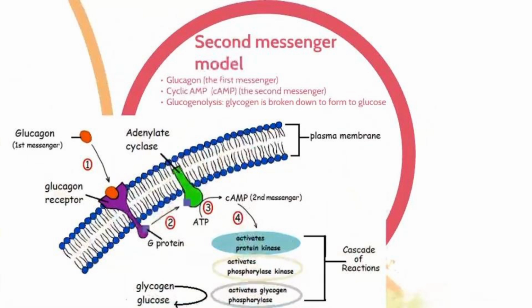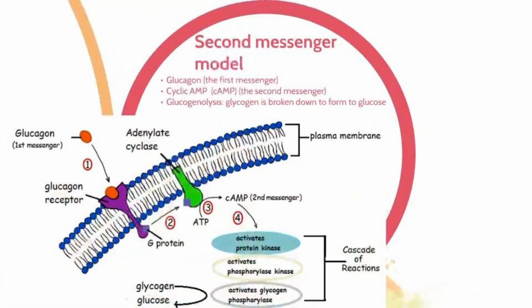An important thing to remember is that this whole cascade that's happening with the second messenger, the cyclic AMP, is an amplified effect. Basically one glucagon can activate this system, but then at each stage you're going to get more and more enzymes being involved, and it causes an amplified effect.